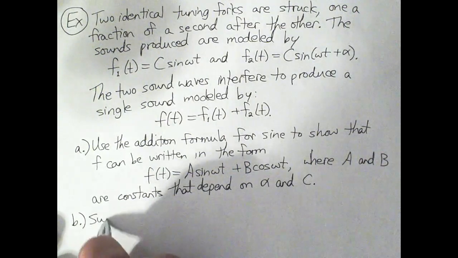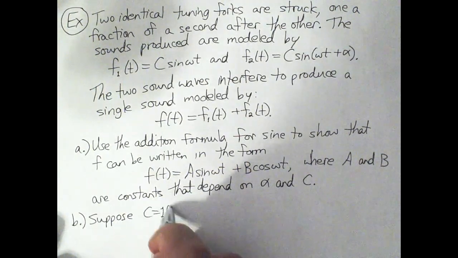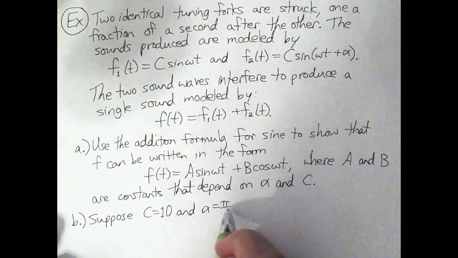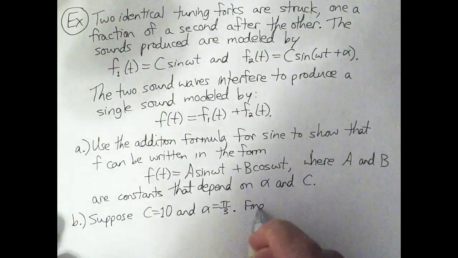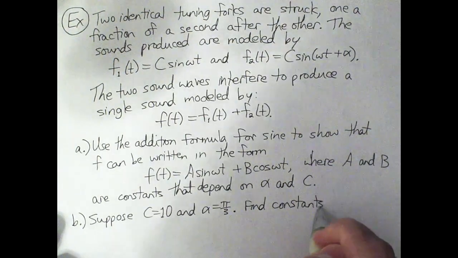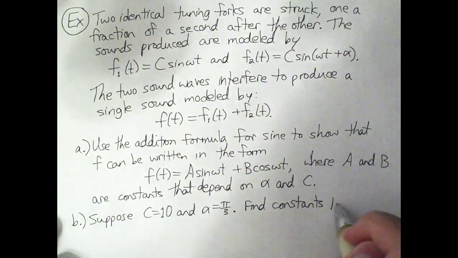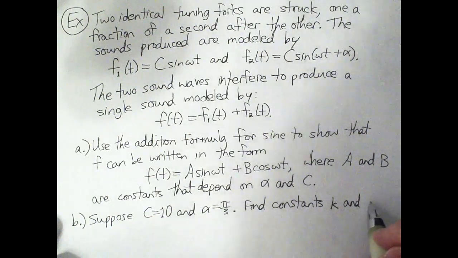Second part, suppose c equals 10 and alpha equals pi over 3. Find constants k and phi.